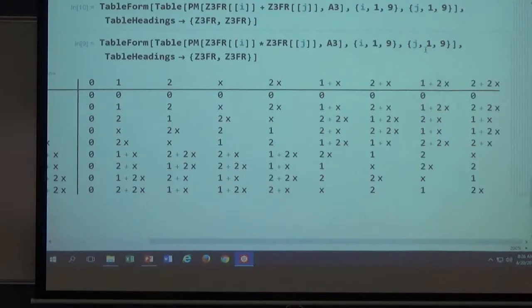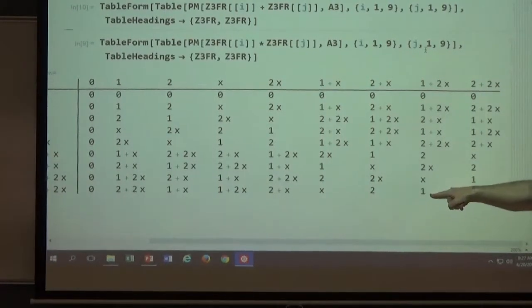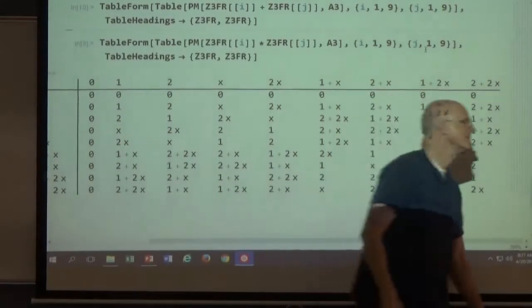If we took away the zeros, then it would be a Cayley table for the group of units, which would be all the non-zero elements, because it is a field. We might wonder, what is the multiplicative inverse of, say, 1 plus 2x?